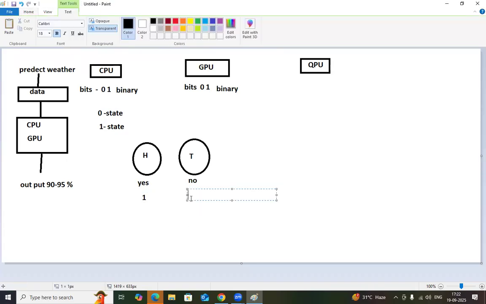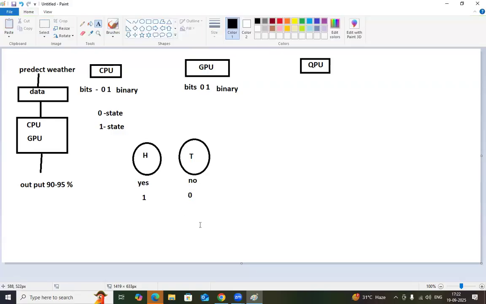So the state is clearly available. It is showing the state: head, or yes, or 1. And here, tail: the state is tail, or no, or 0.